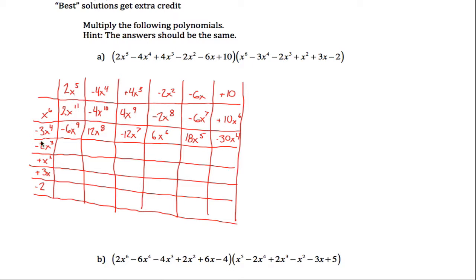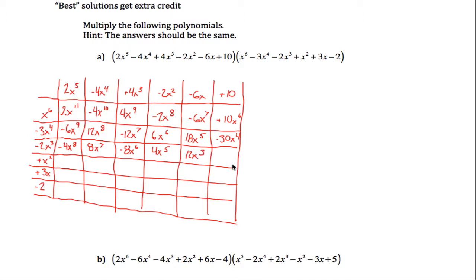Alright, 2x to the 5th times negative 2x cubed is negative 4x to the 8th. Negative 4 times negative 2 gives you positive 8x to the 7th. 4 and negative 2 gives you negative 8x to the 6th. Negative 2 times negative 2 gives you positive 4x to the 5th.